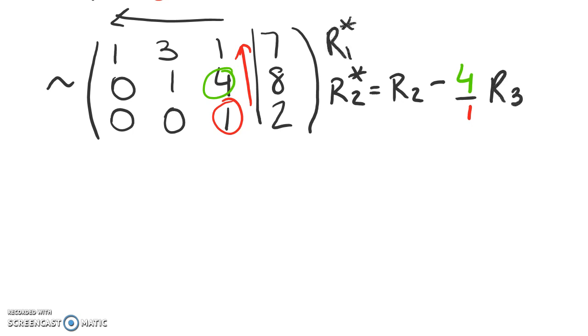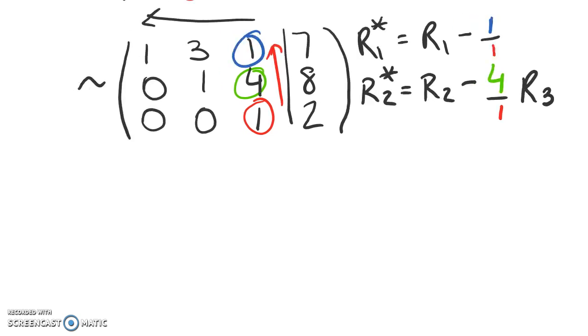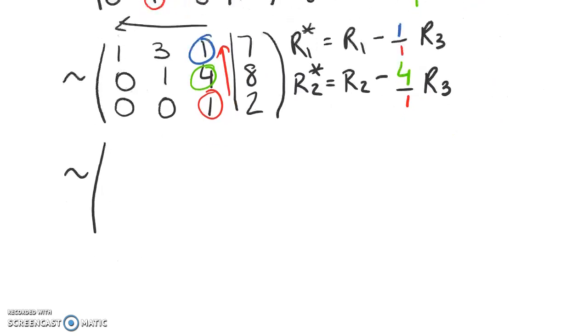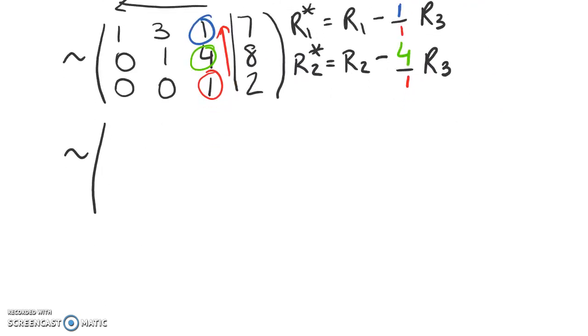Row 1 star will be the old row 1, take away the number to be zeroed, which is 1, divided by the pivot, which is also 1, multiplied by row 3. So we'll write down our equivalent symbol. Okay, the third row doesn't change, so we may as well start by writing that in. We've got 0, 0, 1, 2.